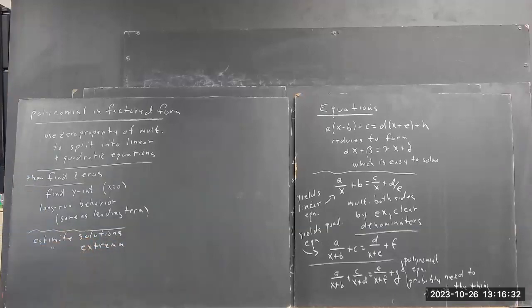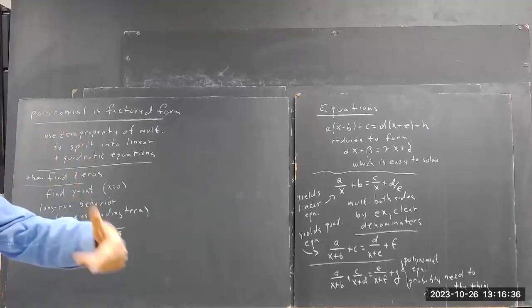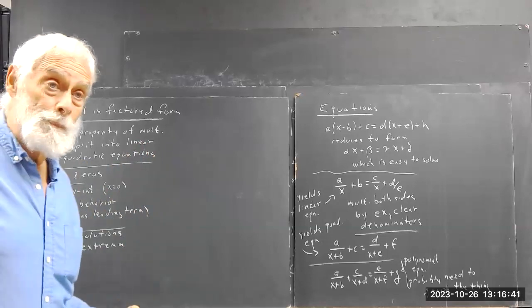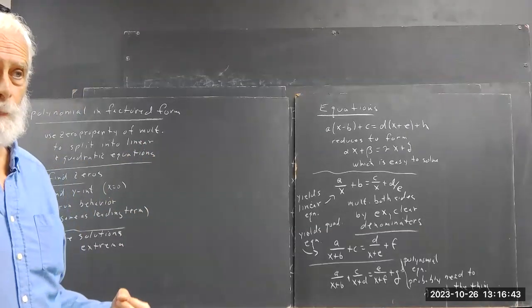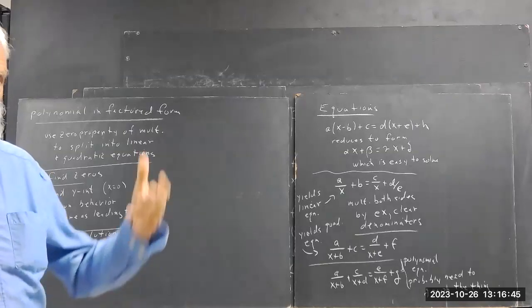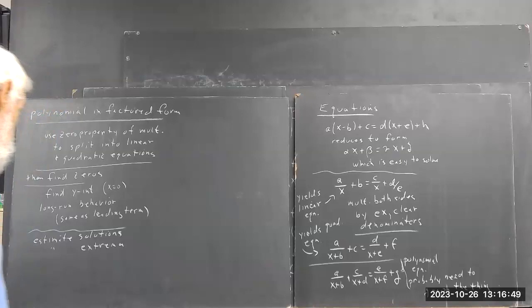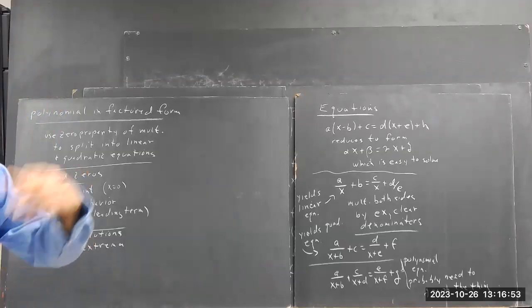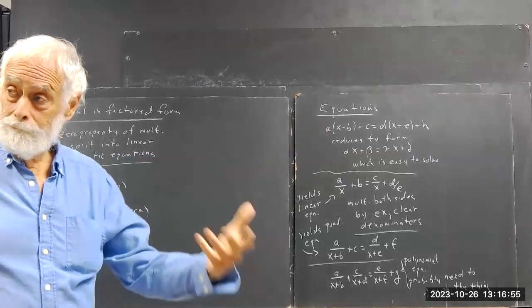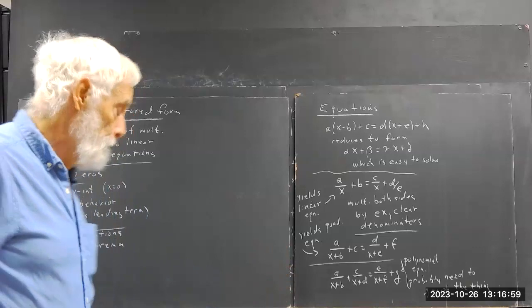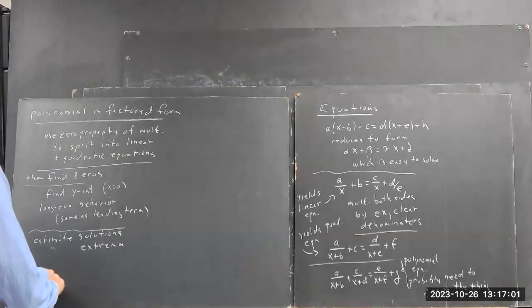If they estimate solutions, you could also estimate the extrema, the relative extrema. They didn't put the word relative in there because polynomials don't have absolute extrema. They go to infinity or negative infinity at the ends. But they have relative extrema. So you graph the thing and you estimate the peaks and the valleys. So I can draw a picture of that.